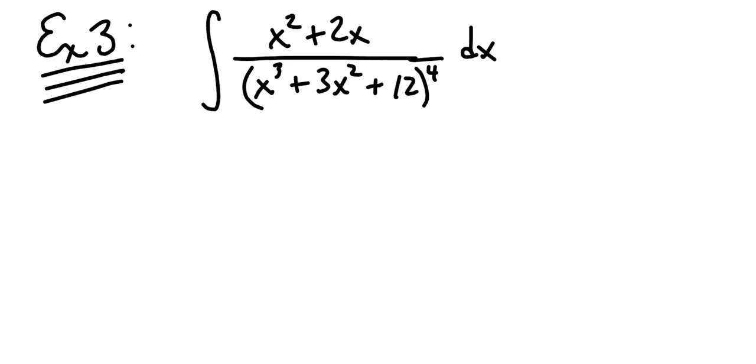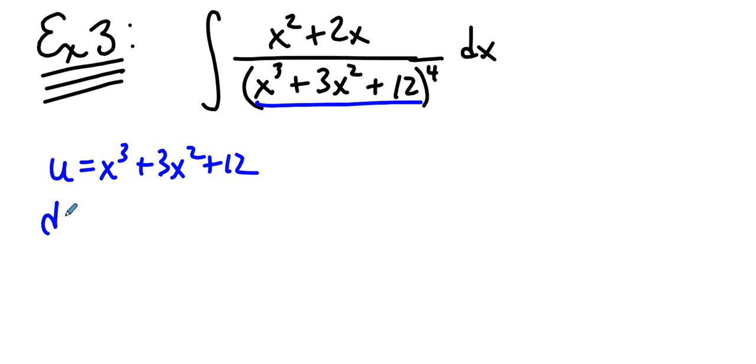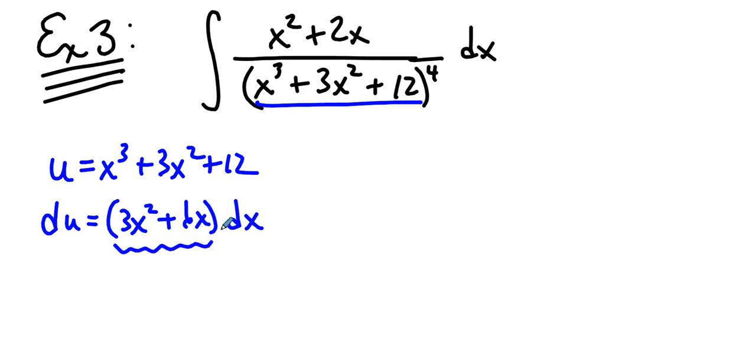Well, by now you've done enough questions that you're thinking the thing in parentheses is probably u, and you're hopeful until you actually try to take the derivative. The derivative is not what we see up here. But it's close. It's close.